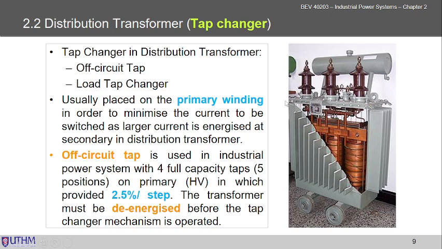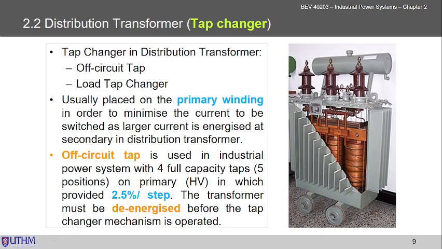Why? Because at the primary windings of the distribution transformer, the voltage is higher as compared to the secondary. When the voltage is higher at the primary, the current will be much lower. That's why we place the tap changer at the primary winding, just to minimize the spike.